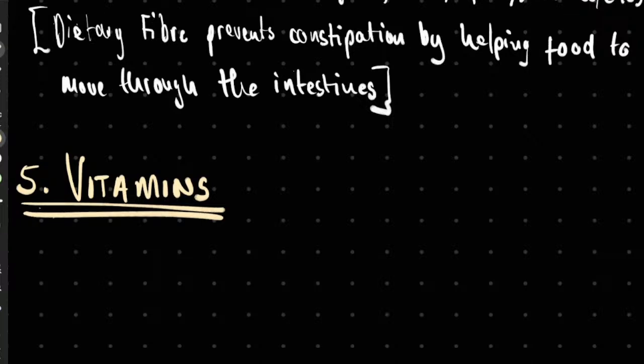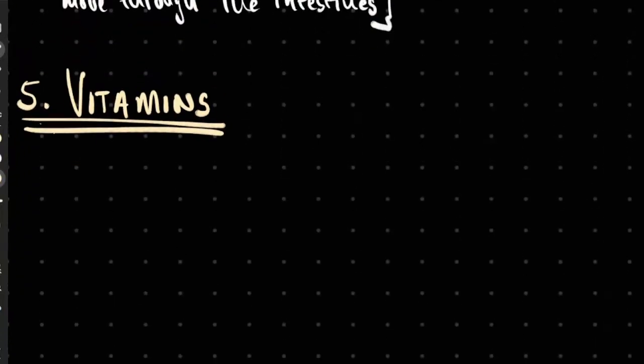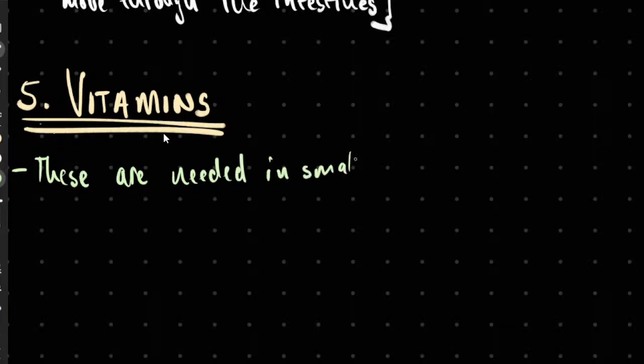Now we continue. Vitamins. Sorry to all those who missed on YouTube, who missed the other half of the screen. Let's go to vitamins now. And write these. Are you writing with me? Right, to say these are needed in small amounts.